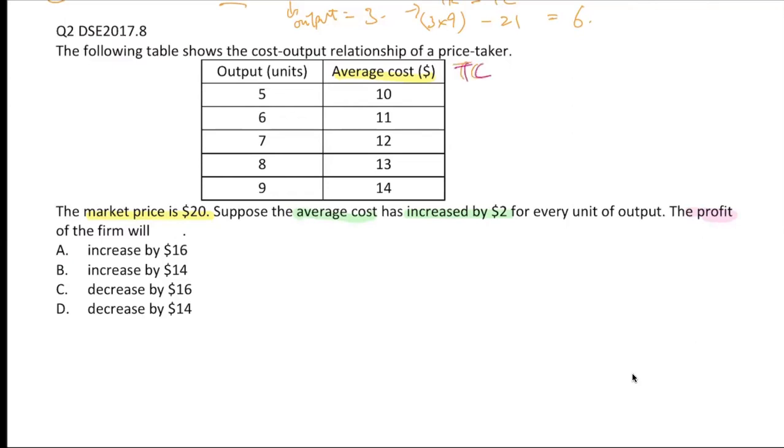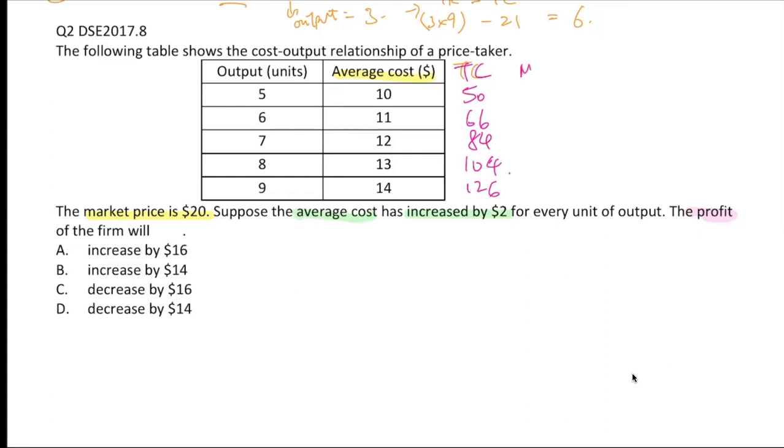So maybe it's 50, 66, 84, 104, and then 126. Then what should we do next? Find MC.